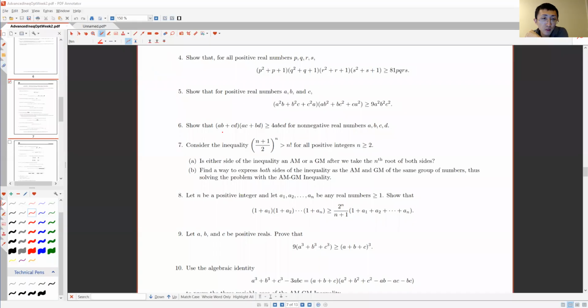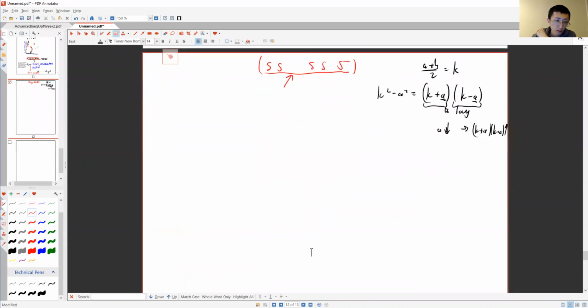So there's a question: can we use the cyclic notation shorthand on an actual Olympiad? Yeah, that's a good question. You can. You just have to be careful about the 2 types of notation. So what this means, there's two things. This is a squared b cyclic. It means this.